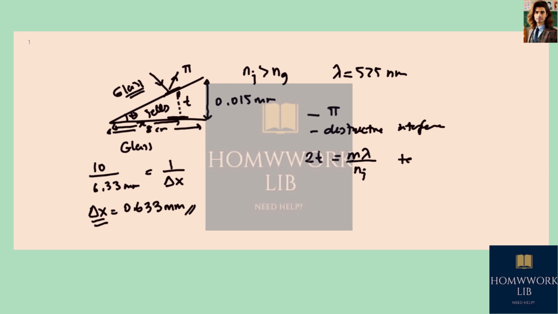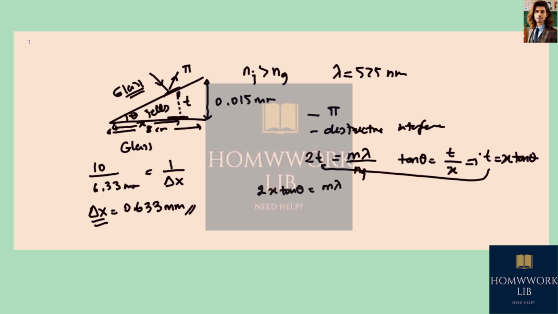As a function of x, tangent theta would give us t over x, right? So from this equation, thickness equals x times tangent theta. If we put this information in the equation here, twice x tangent theta equals m lambda over n jelly.